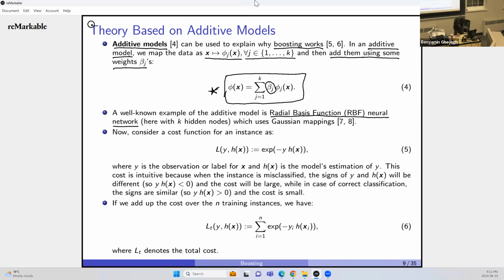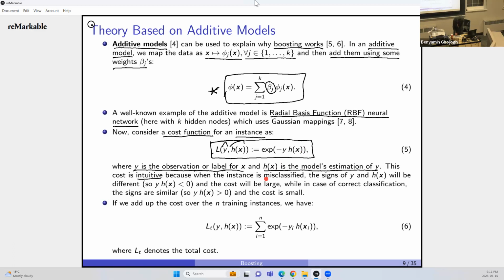So now consider a cost function for an instance. Consider this cost function, L(y, h(x)). y is the target label, h(x) is the estimated label. This y is the observation or label for x, and h(x) is the model's estimation of y. This cost is intuitive. Why?